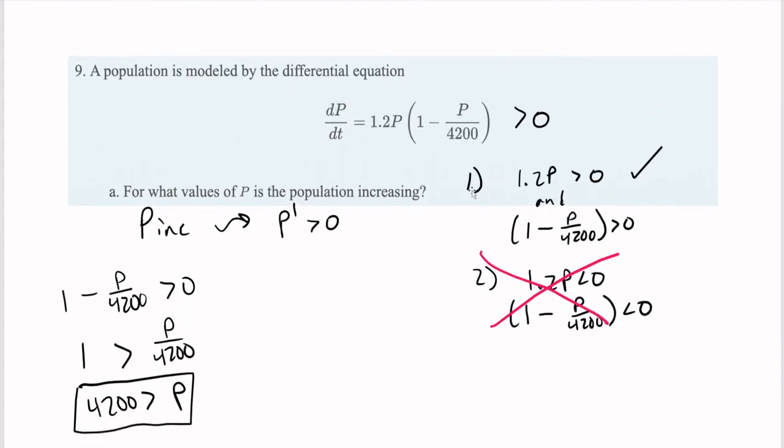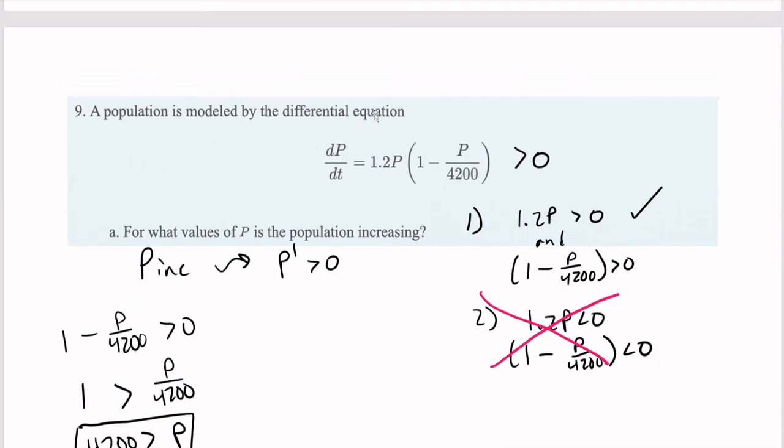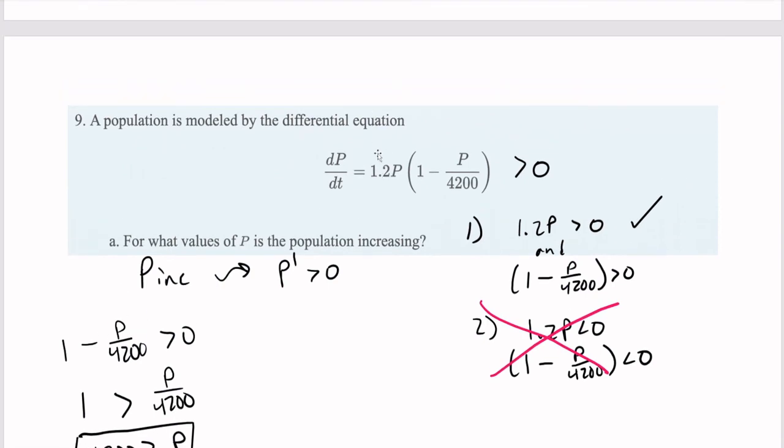So let's think about this. What is this model telling us? It's telling us there is a limit on this population. There is some number, and it just happens to be this one, 4,200, where that's kind of like the perfect population zone. It doesn't matter what population you're at. If it's not 4,200, we're going to try to get there.